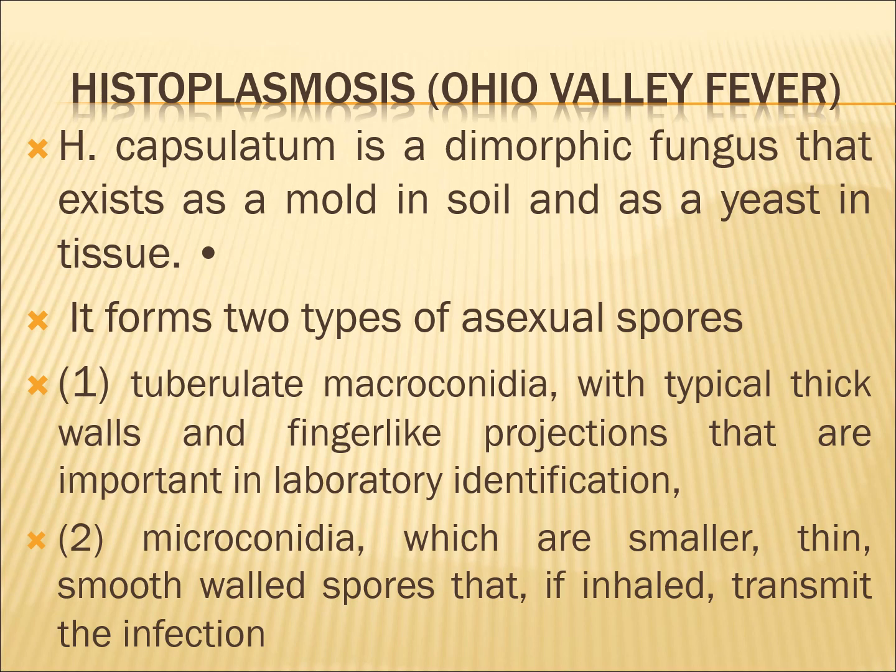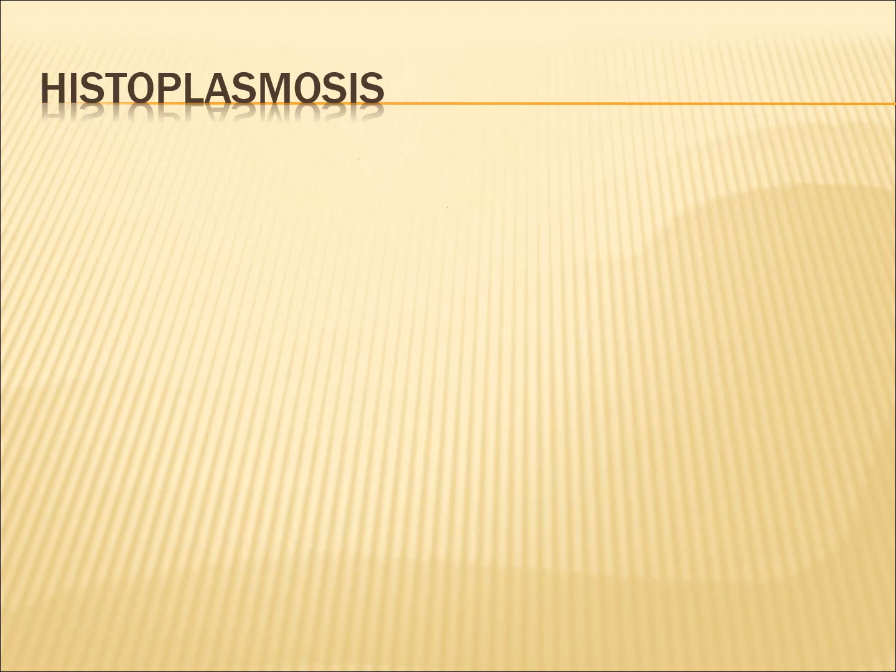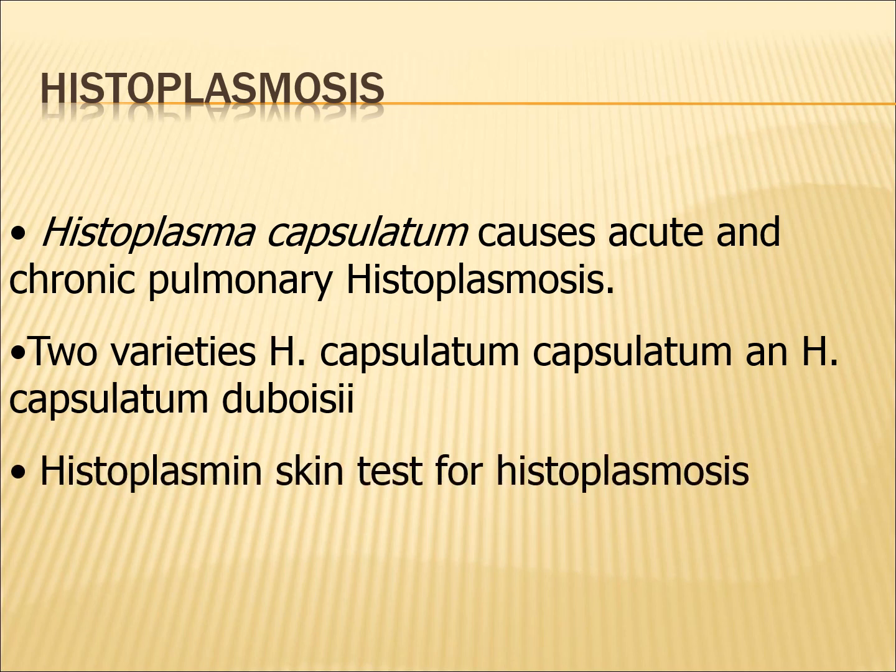So we have two asexual spores in histoplasmosis: tuberculate macroconidia and microconidia. Histoplasma has two varieties, Histoplasma capsulatum and Histoplasma duboisii.